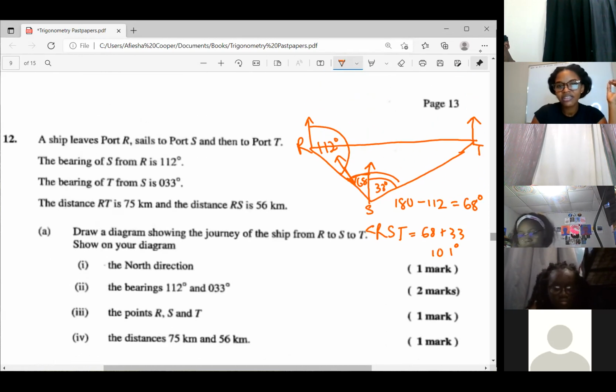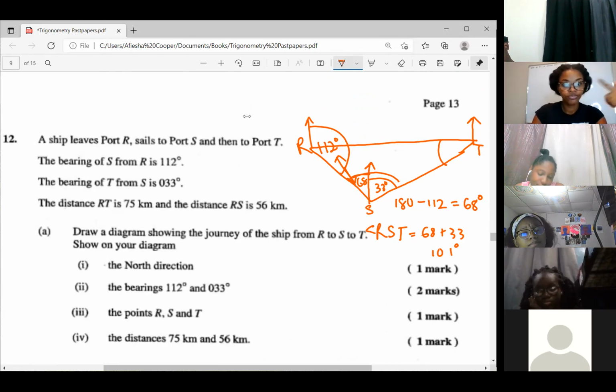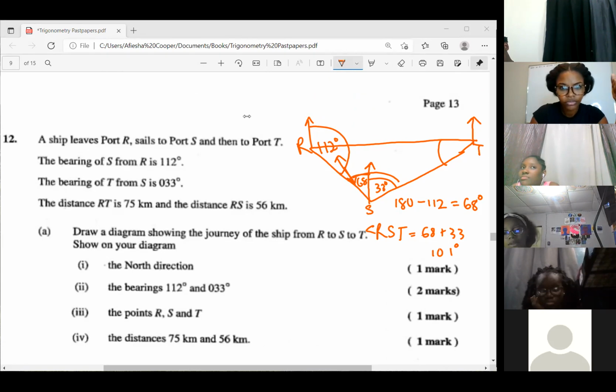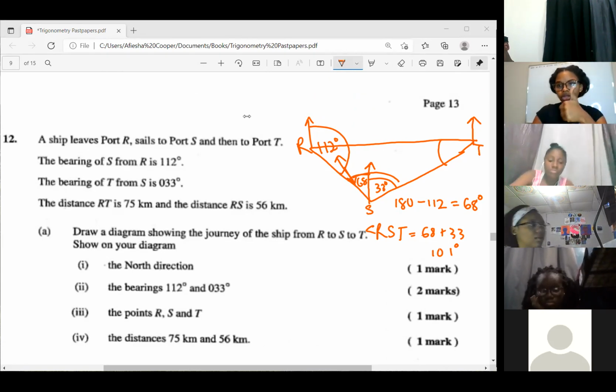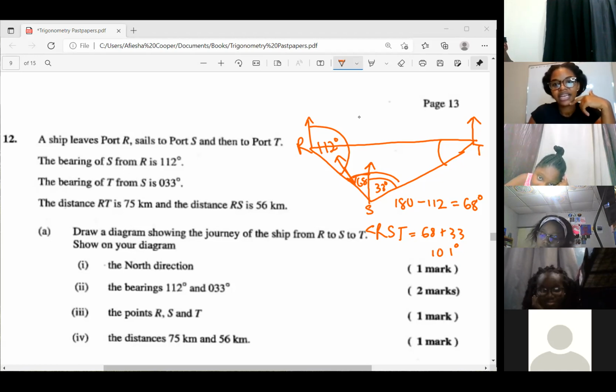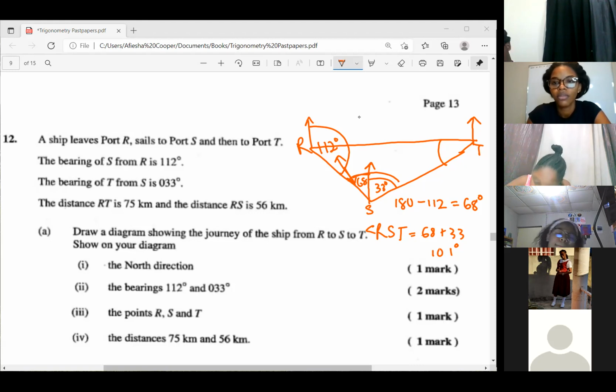The size of angle RTS, RT to S inside here, how do we go about finding RTS? The sine rule.